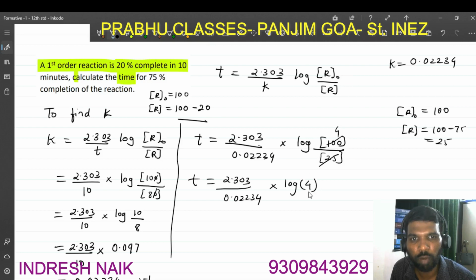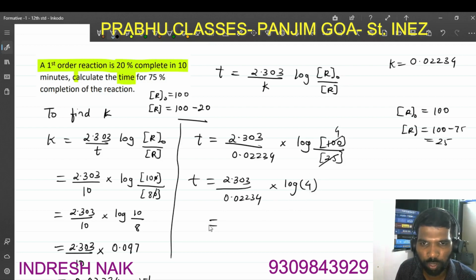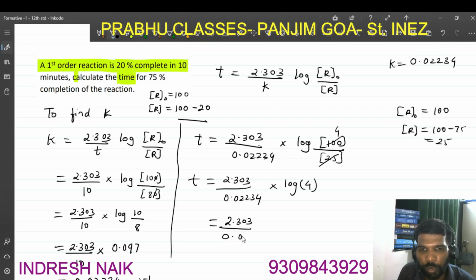Now again, you don't require a log of 4, right? We can directly do it this way. 2.303 divided by 0.02234 into log of 4, which could be written as log of 2 raised to 2.